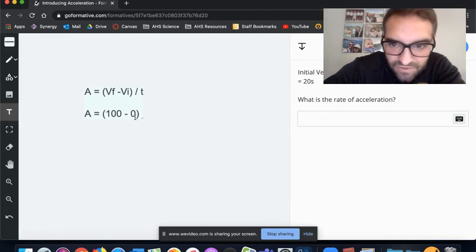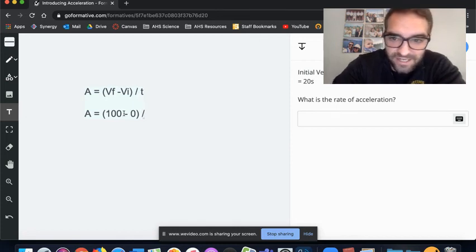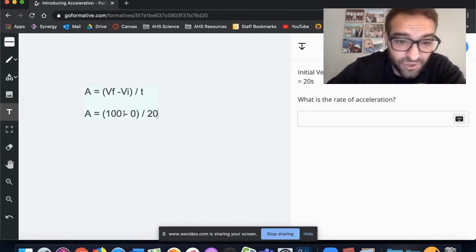If you have initial velocity of 0, that means you have an object or a situation where, let's say, a car again is sitting still. Okay, it's parked. It's not moving. And then we're trying to figure out the rate of acceleration to get to 100 meters per second, which is pretty fast. And then we know in this situation the time, it took 20 seconds.